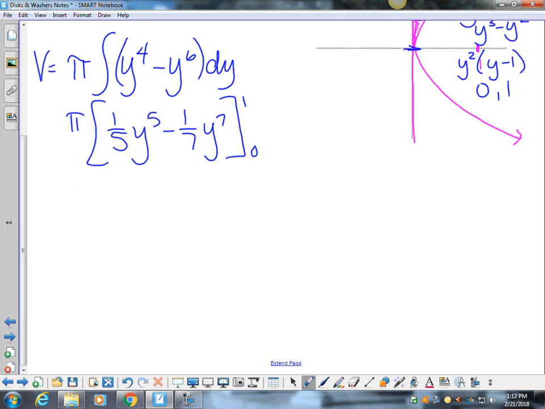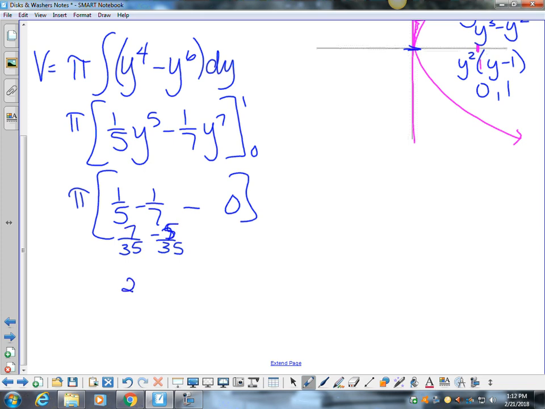So plug this in. 1/5 minus 1/7 minus 0. Nope, 5, 7. 2 pi over 35 units cubed. Okay.